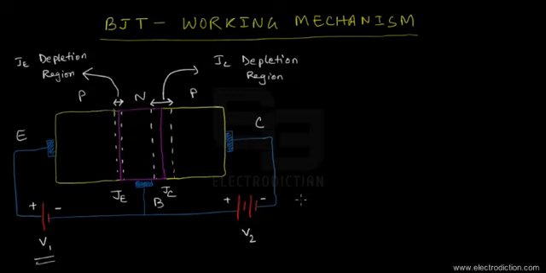As you'll have seen in the case of PN junction diodes, upon reverse biasing a particular junction, the depletion region width will increase. That is exactly what we would see in a BJT connected to forward and reverse bias voltages across the emitter and the collector junctions respectively.